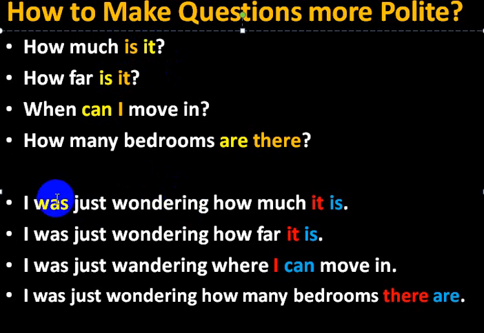So you say, for instance, I was just wondering how much it is. Not is it, it is. Here we have how far is it. You say, I was just wondering how far it is. Because in a question, the verb comes before the subject, but in a sentence, the subject comes before the verb.